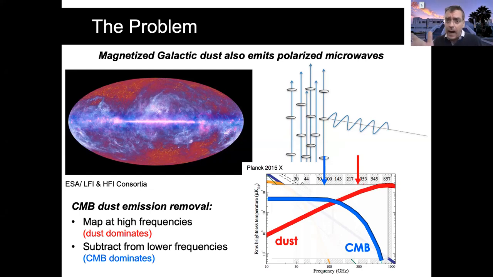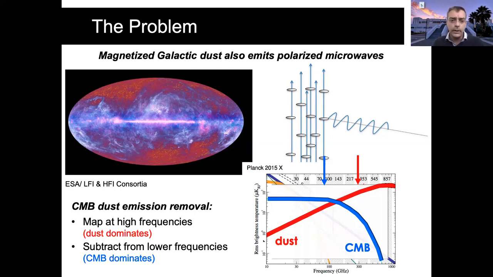This technique of map and subtract works well for scalar quantities, such as intensity, right? And so CMB science so far has been extremely successful despite the presence of galactic dust, which, as you can see in this map here, extends to even high galactic latitudes. It's marked here by these bluish hues, while the CMB is in the background, the orange background.